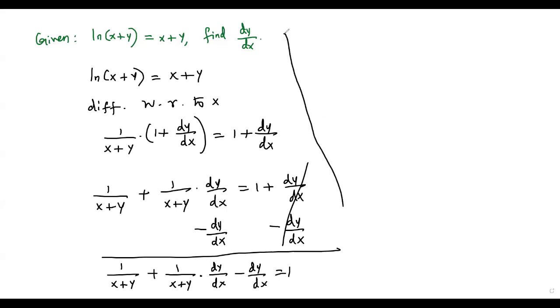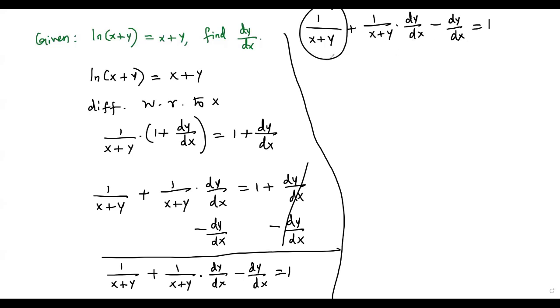Now let me write this equation as it is: 1 over x plus y, plus 1 over x plus y times dy over dx, minus dy over dx equals 1. Now we have to keep only the terms which contain dy over dx on the left side, but this term does not contain dy over dx.